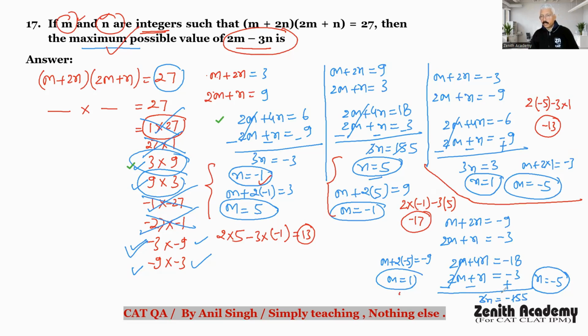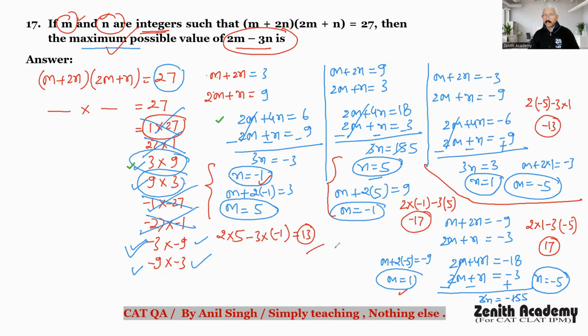And here m is 1 and n is minus 5. So here it will be twice into 1 minus 3 into n is minus 5, 2 plus 15, 17.